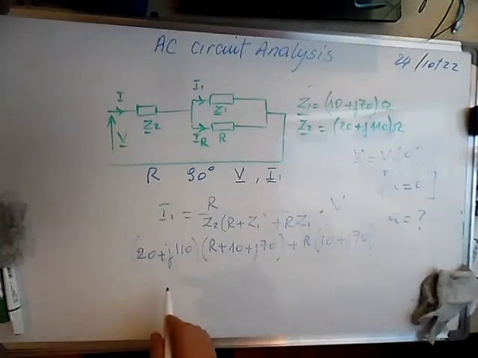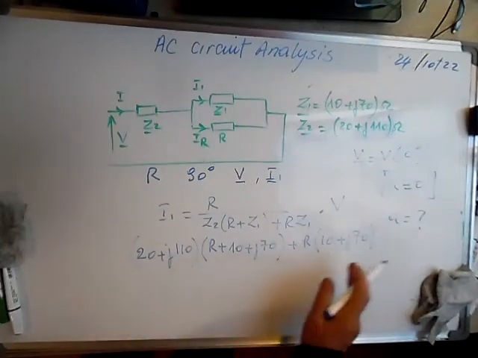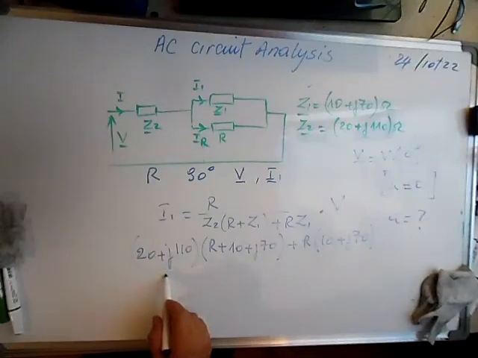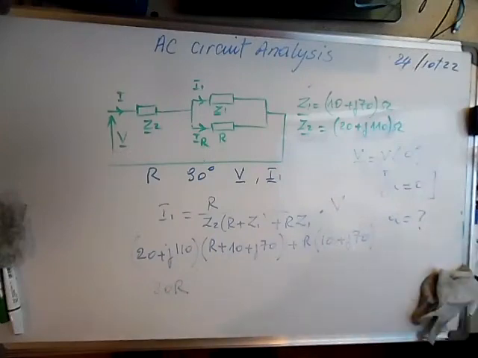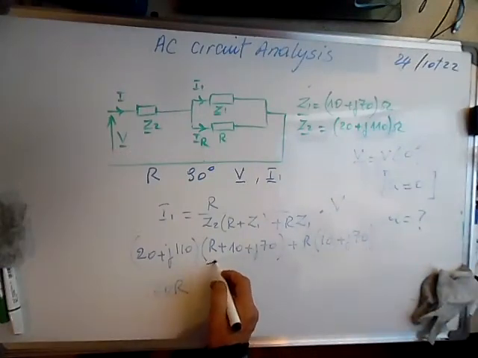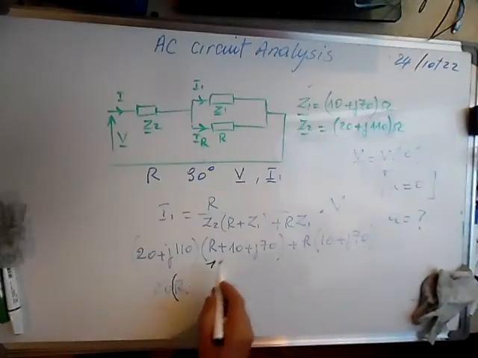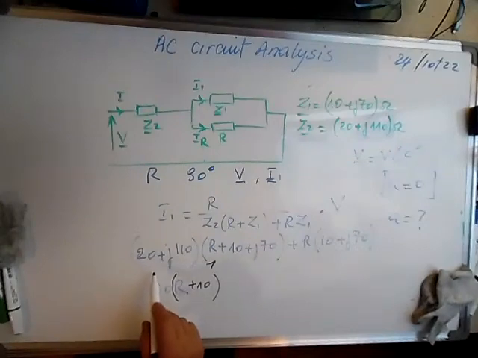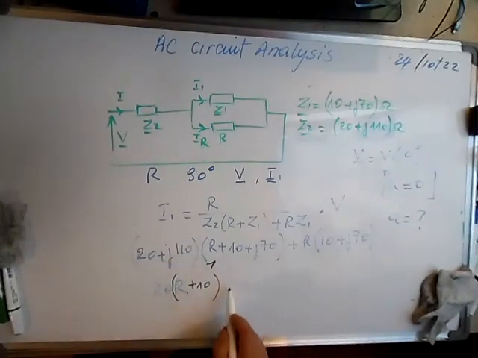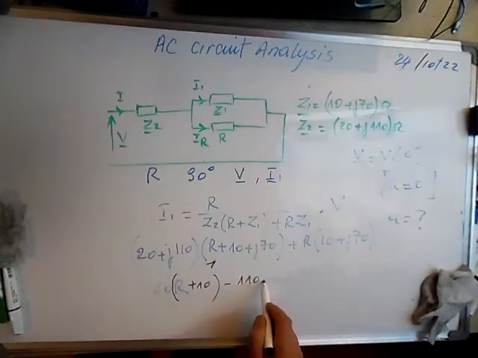So we can write now the real part and the imaginary part. The real part, we have 20R, plus 10, and another real number is minus 110 times 70.